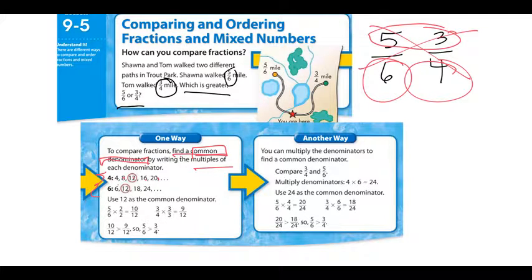You don't have to list out all of them, obviously, that would take forever. But just list out a bunch until you find something in common. So 6 times 1, 6 times 2, 6 times 3, 6 times 4. I don't need to go any further because I notice that 12 is common for both of them. So I know that 12 could be my common denominator.